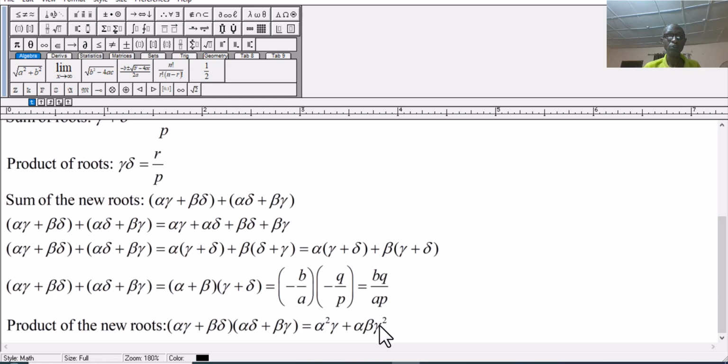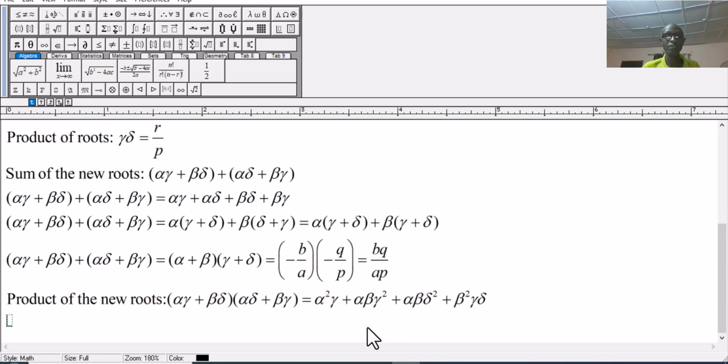Then we have alpha beta delta squared. The last one that we have is beta squared gamma delta. So I've expanded the bracket.